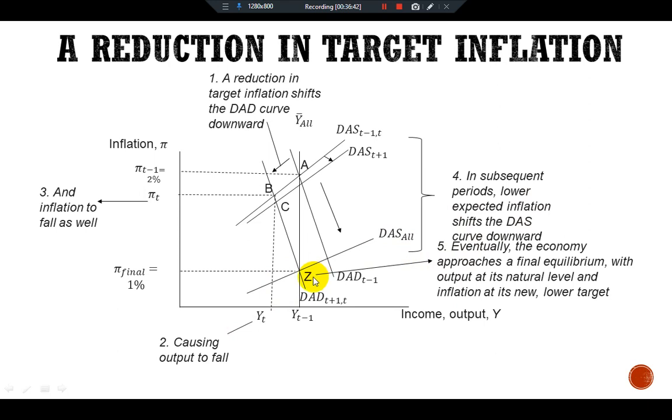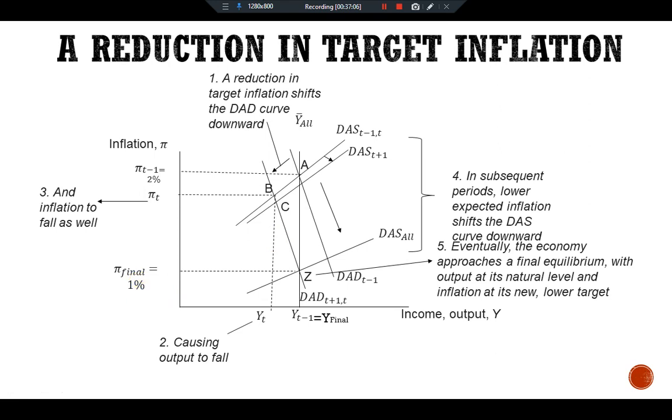We can say that the final output is equal to the natural level of output for all periods, and inflation is at its lower target, a final inflation rate of 1%.